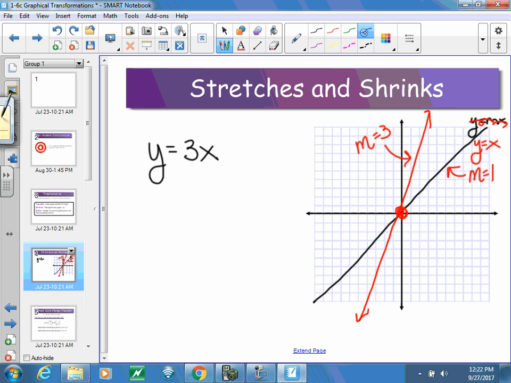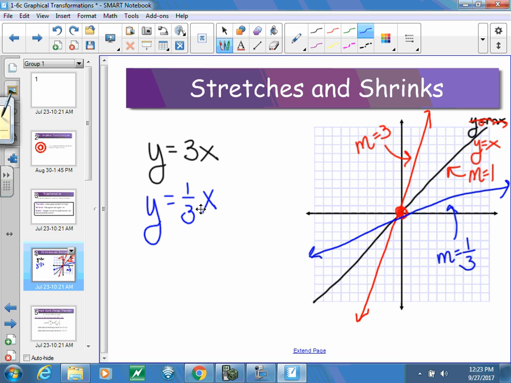Now if I was to do, say, a horizontal stretch or a vertical compression, I would end up with something like this. Here, this looks like our slope is about 1/3. And so we would get something like y equals 1/3 x. So what the vertical stretches and compressions are going to do is change the rate of all of this.